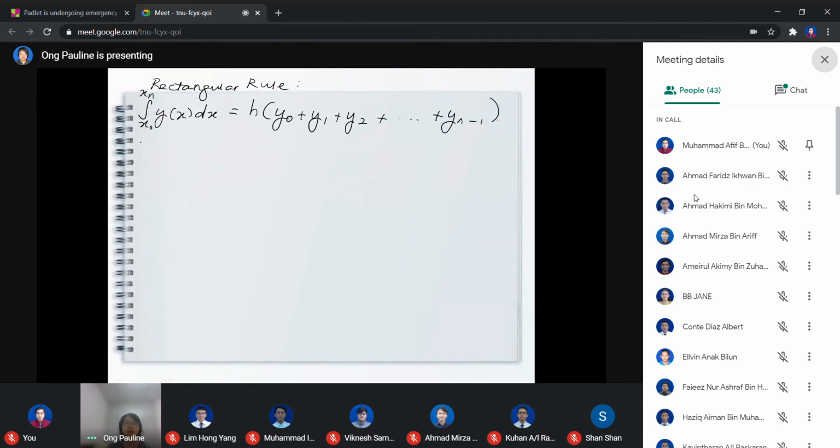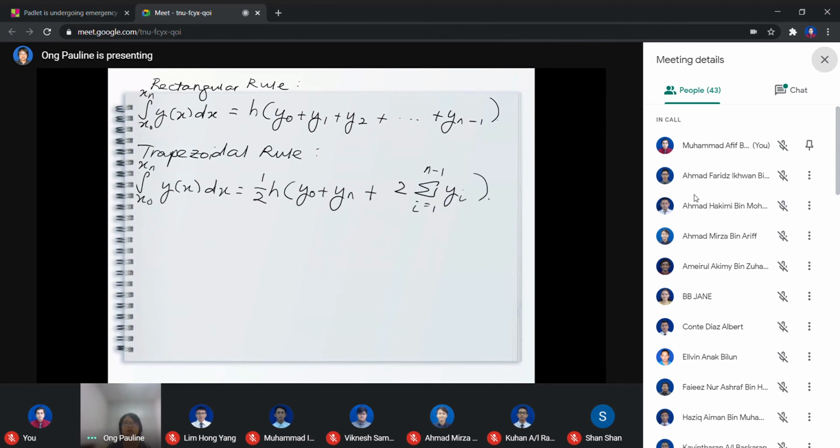Whereas for the trapezoidal rule, the integration can be obtained by using 1 over 2h, starting plus ending, and the intermediate terms you multiply by 2, from 1 until n minus 1. So this is the trapezoidal rule.